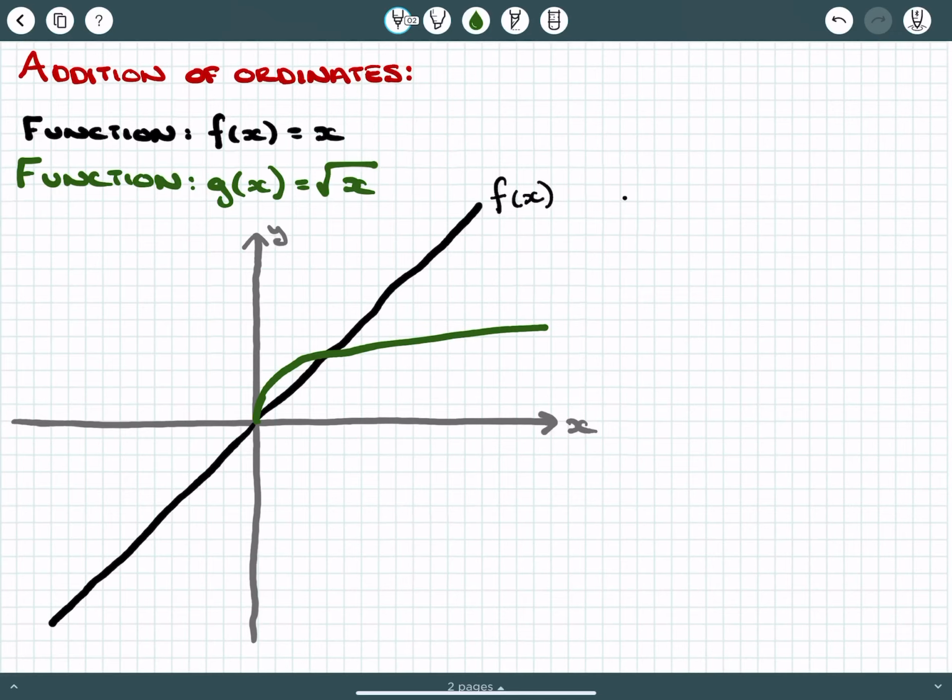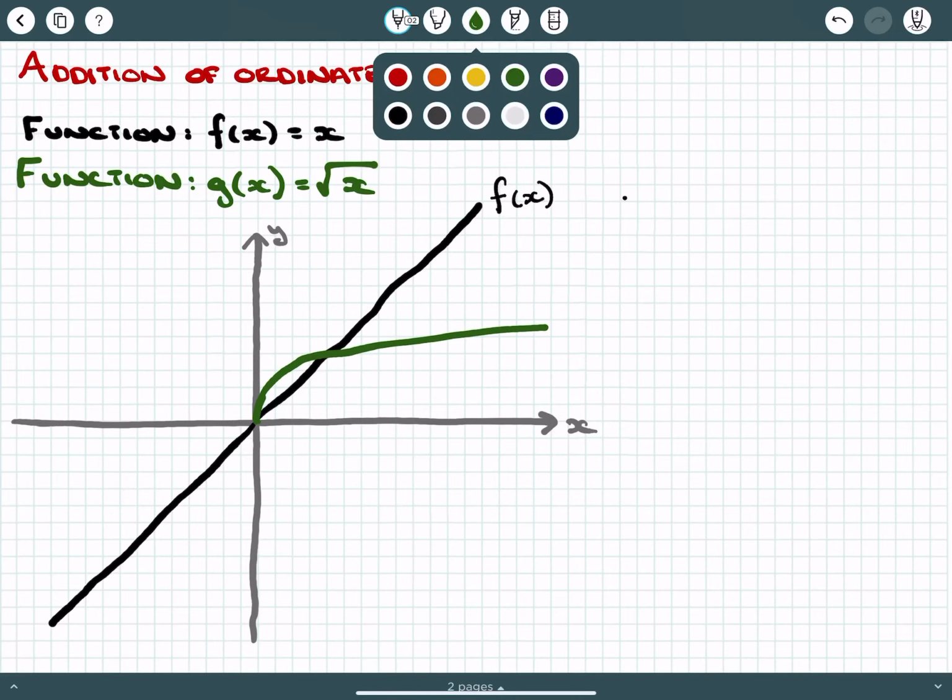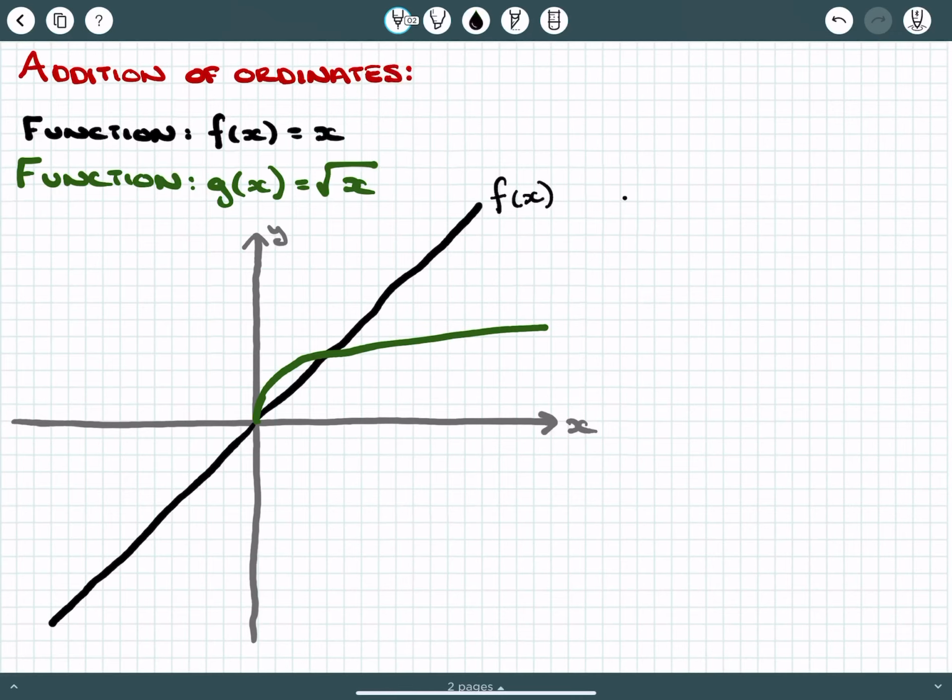Okay. Now, the idea of addition of ordinates is being able to ascertain what specific coordinates are on both graphs f(x) and g(x). So we're going to have a look at some specific coordinates firstly on f(x). So obviously the intercept is really important. So (0, 0).